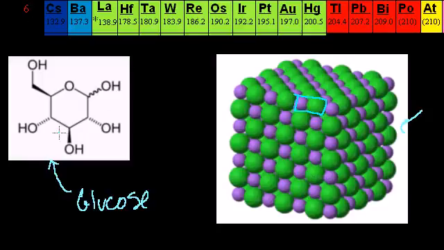But glucose, when it goes into water, just stays as one molecule of glucose. So a mole of glucose will stay as 1 mole, while a mole of sodium chloride will turn into 2 moles because it dissociates into 2 separate particles.